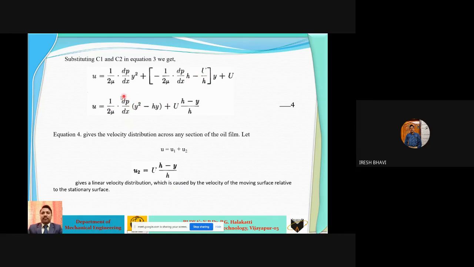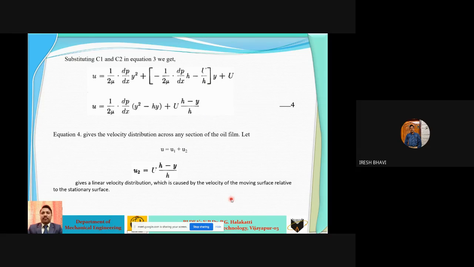Let us call the first term as u1 and the second term as u2. This equation will give the velocity distribution across the section of the oil film.